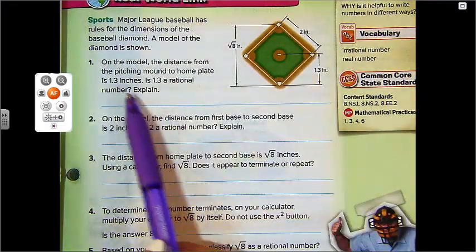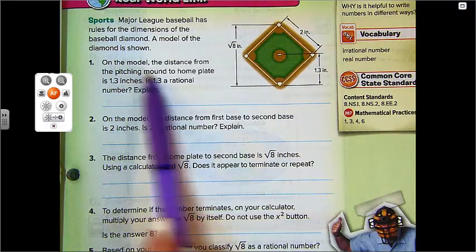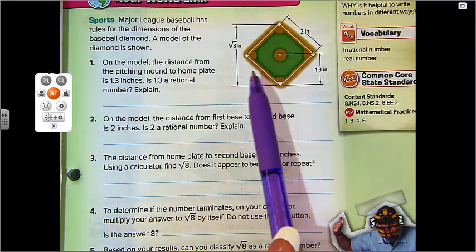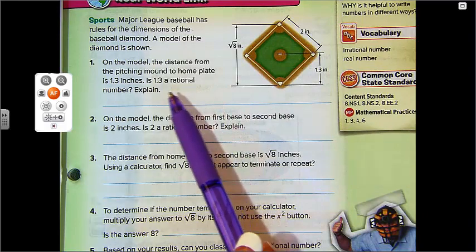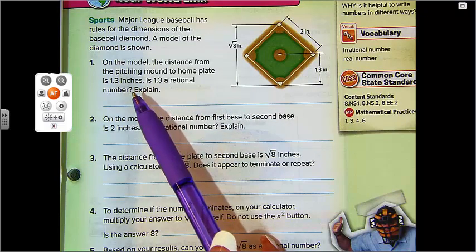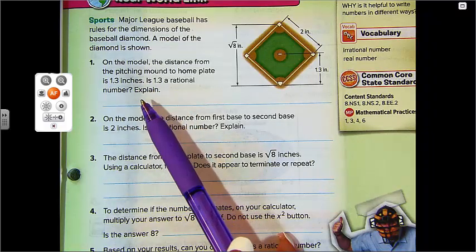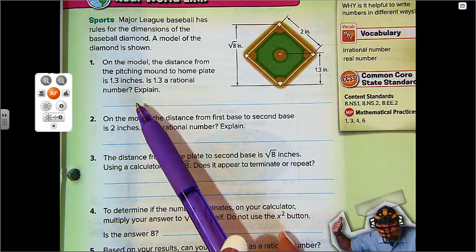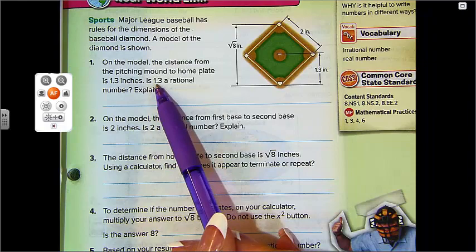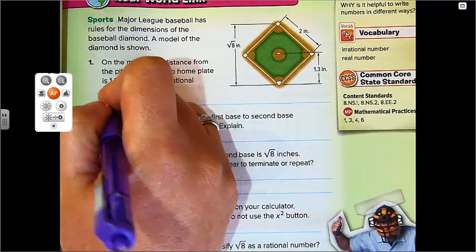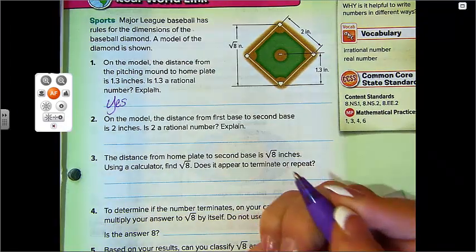Here are some questions. This is a model of a baseball field, and it says the distance from the pitching mound to home plate is 1.3 inches. Is 1.3 a rational number? Based on what we know, hopefully you're saying yes, it is a rational number, and it wants an explanation.